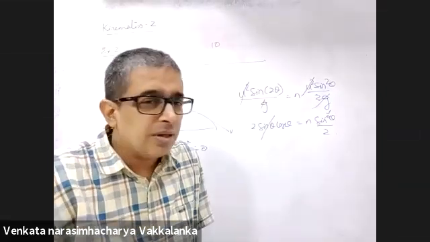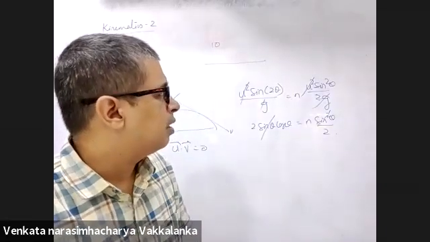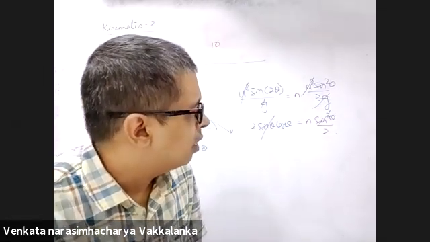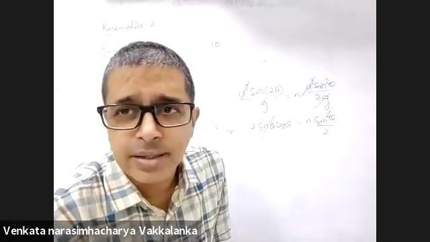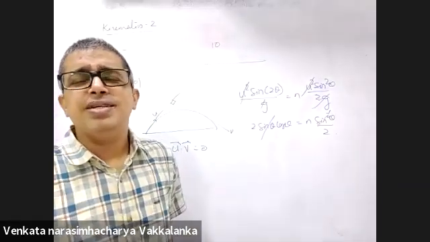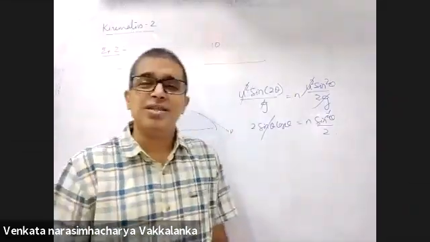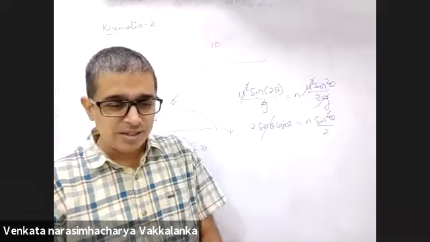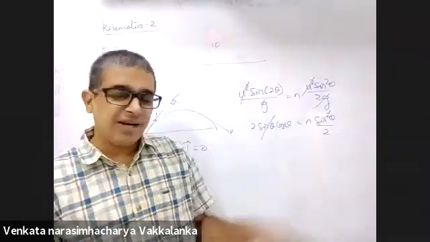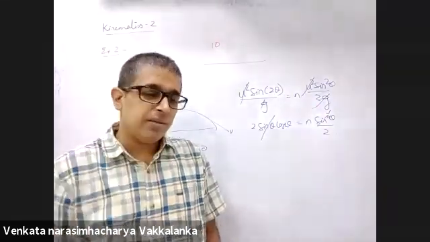Maximum height is u square sin square theta by 2g. You have taken g, that's a mistake. Yes sir, sorry. Standard result है, कभी-कभी याद भी रख सकते.